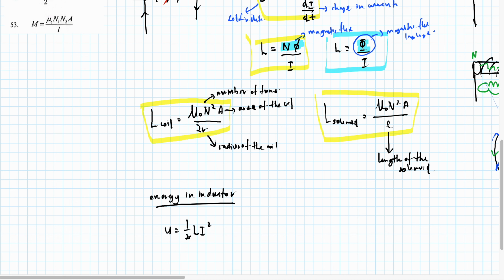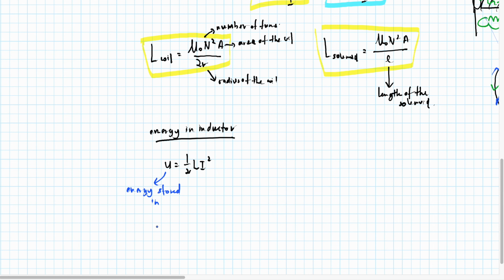U is energy stored in inductor, L is the self-inductance, and I is the current passing through the inductor lah.